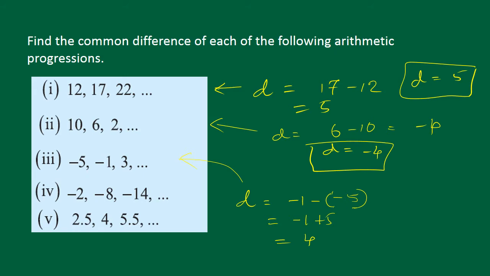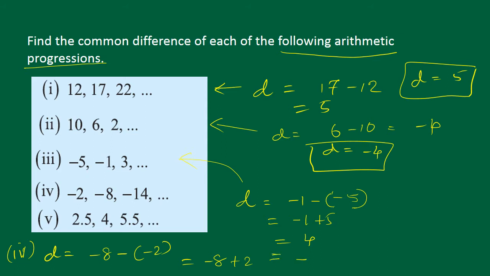So here you don't have to prove that these are arithmetic progressions, because you have been told these are already arithmetic progressions, right? So you just have to find the common difference, and this is very easy. You can do it the same way. Let's have a look at the fourth one, right? Then you get d equals minus 8 minus 2, that means minus 8 plus 2, and that is minus 6.